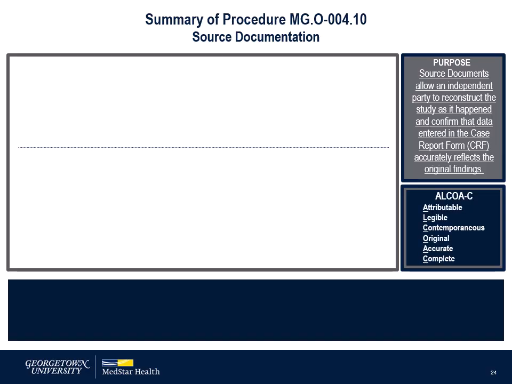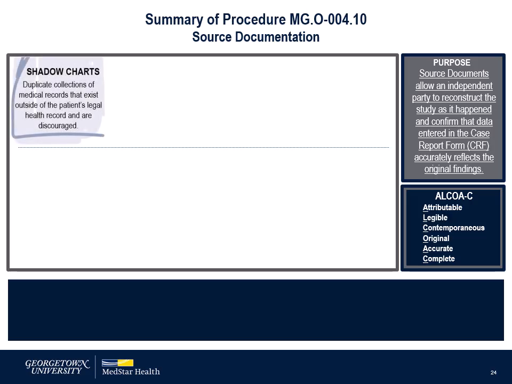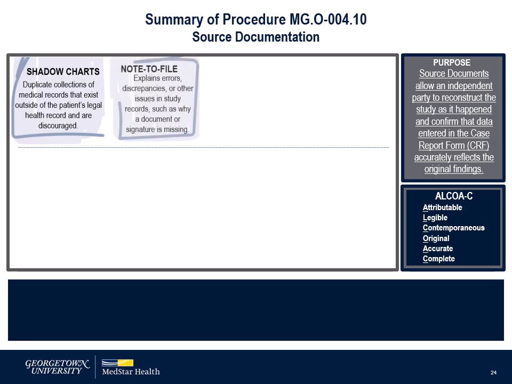ALCOA-C is an acronym for a set of principles in clinical research that ensures the integrity and quality of data. Shadow charts are duplicate collections of medical records that exist outside of the patient's legal health record and are discouraged. A note to file explains errors, discrepancies, or other issues in study records, such as why a document or signature is missing.